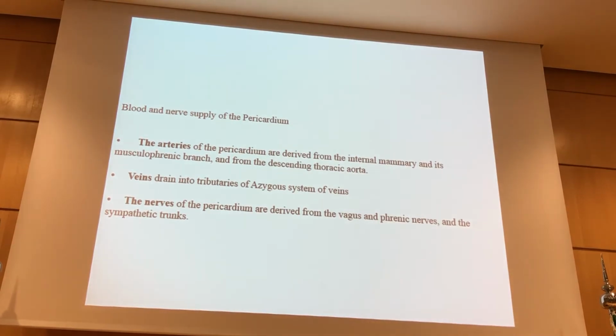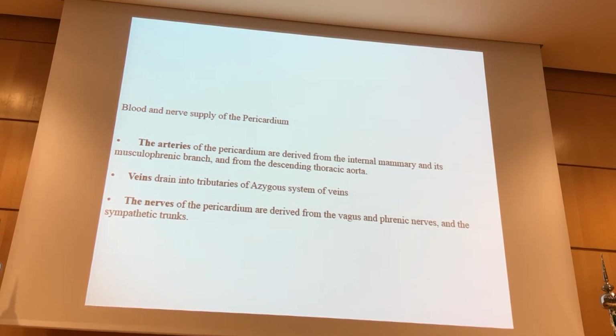And we're going to mention these arteries again when we talk about blood supply to the heart, because sometimes you need to replace the blood vessels of the heart, right? Arteries that are blocked, you cannot use them, so you need to replace them. How do you replace them? You get them from the internal mammary arteries. I'll show you how in the next lecture, okay?